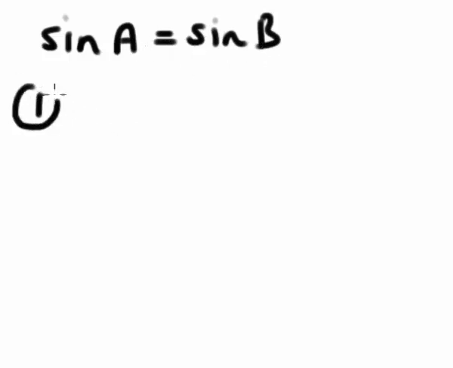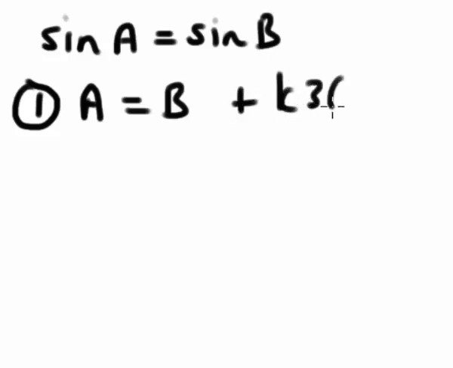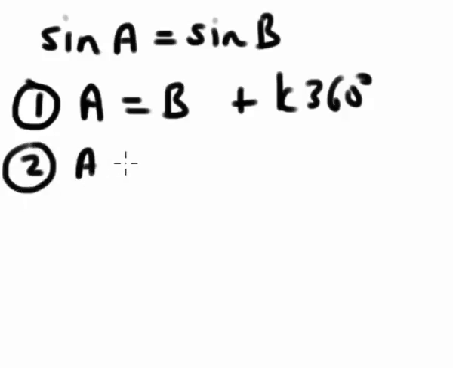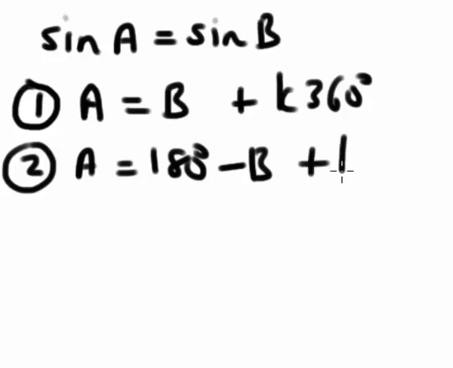It links up in exactly the same way as your other equations. So A is equal to B plus k360. The other option here is A is equal to 180 degrees minus B, exactly as you would do with normal trig equations, except we're not going to shift cos here.